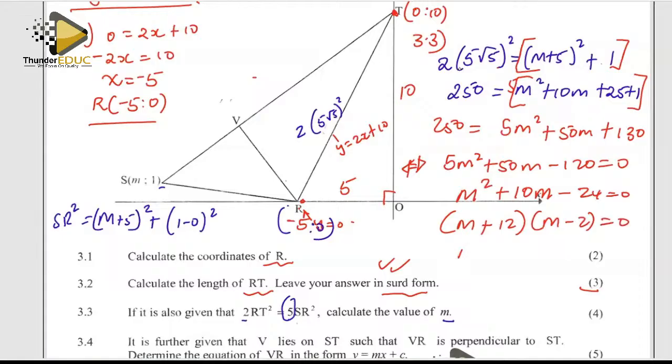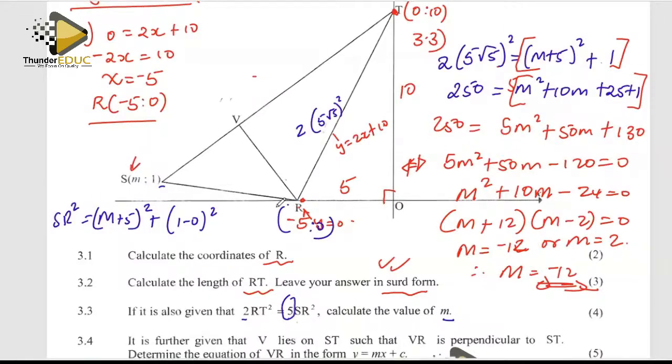Yeah, makes sense. It means that either m is negative 12 or m is positive 2. But looking at the position of m, it's on the negative side, which means that our m should be negative 12. So that is how we would have obtained those values.